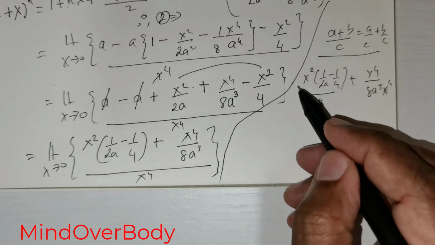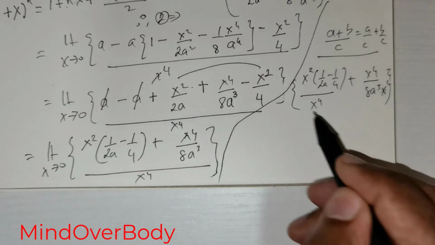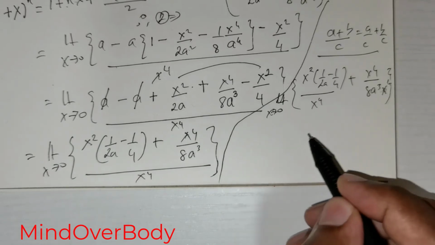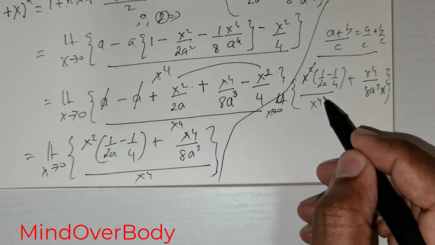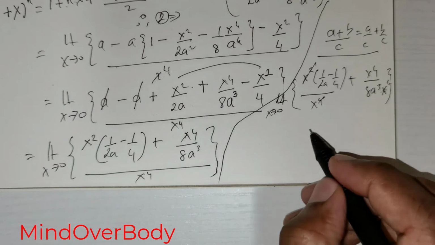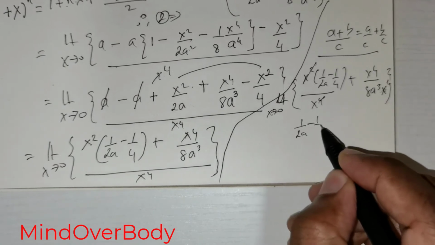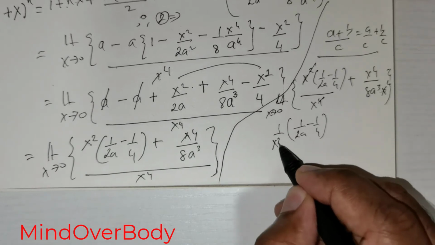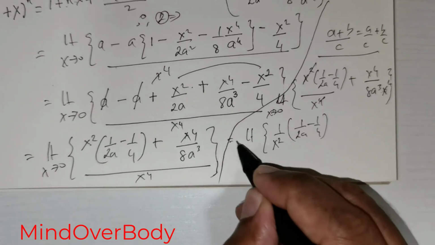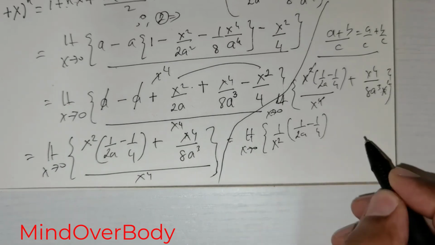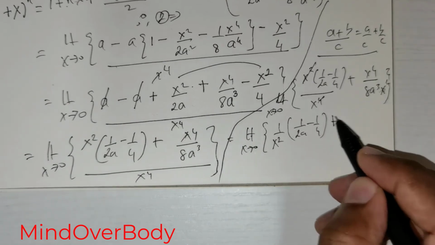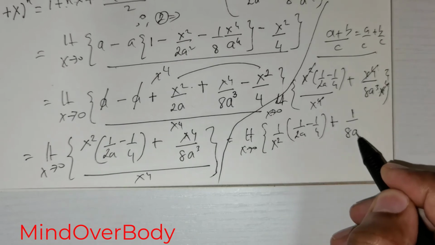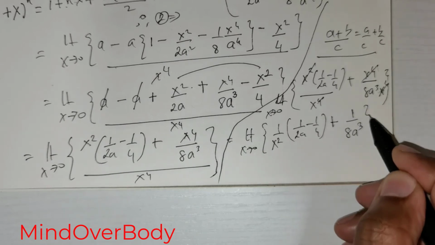Okay, now this is limit x is tending to 0. Let me place that. Now clearly x squared and x can be cancelled, giving me (1 over 2a negative 1 over 4) times 1 over x to the power of 2. You have a limit x tending to 0, and this is followed by x power 4 can be cancelled, giving me 1 over 8 times a raised to the power of 3.